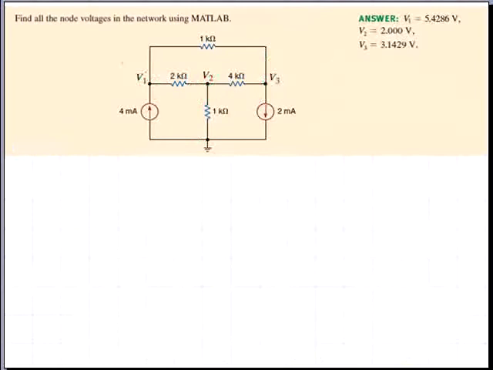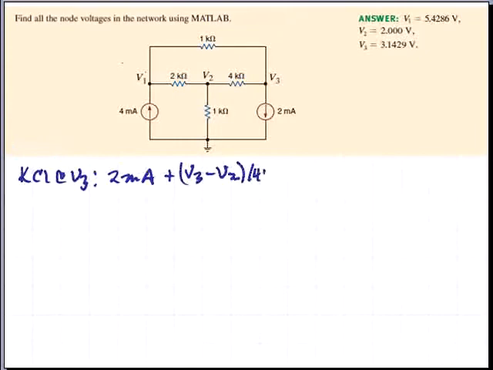Now we'll continue. We have one more node voltage equation to write, and that's KCL at V3. We have the 2 milliamp source plus (V3 minus V2) divided by 4K plus (V3 minus V1) divided by 1K is equal to 0.